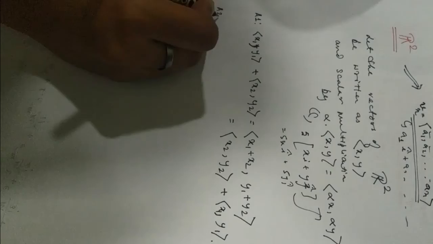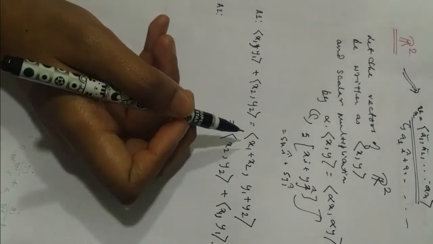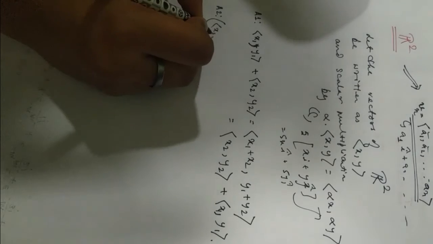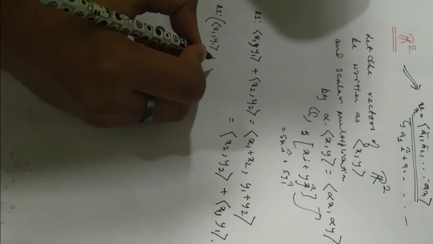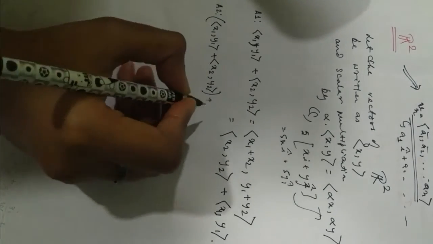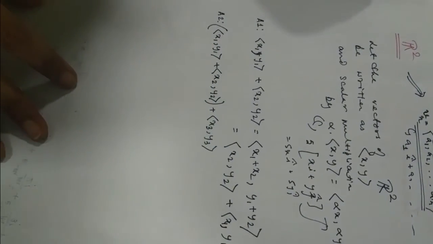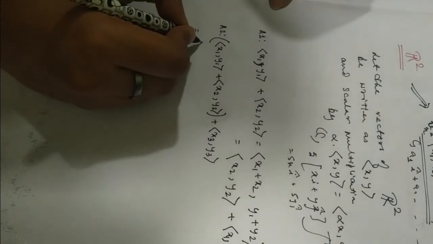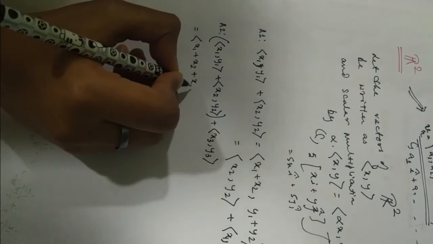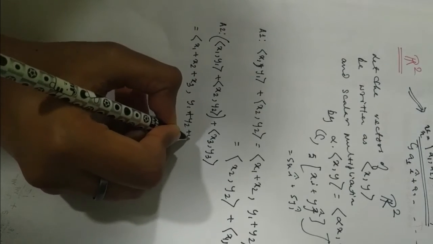Now axiom 2. We have already proved that the vectors of the two-dimensional space commute. Now we need to prove they are associative, right? If we have vectors (x1, y1) plus (x2, y2) plus (x3, y3), when we add vectors, this is what we get: (x1 plus x2 plus x3, y1 plus y2 plus y3).